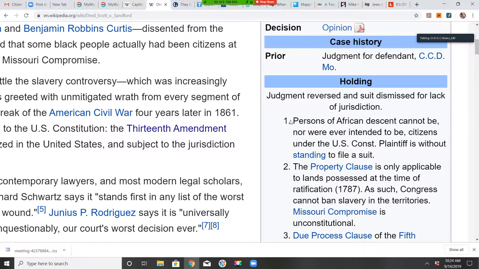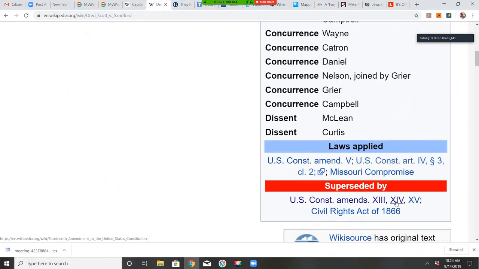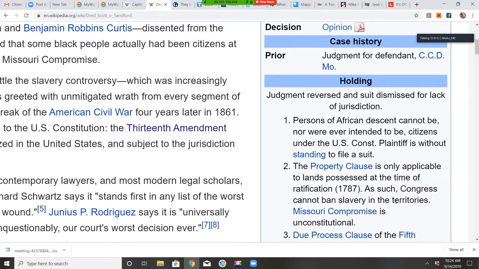Remember, the abrogated or superseded case can have whole or part of its holding changed through constitutional amendment. So the first part I need you to understand is that Dred Scott was superseded. That means only part of the holding is replaced.